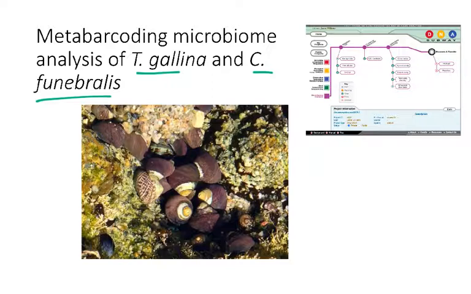This is brand new data that I just got relatively recently as part of the workshop I participated in this summer related to DNA subway. I sent in some samples from my lab, and they did high throughput metabarcoding sequencing to gain some insight into the microbiome of these 2 different species.